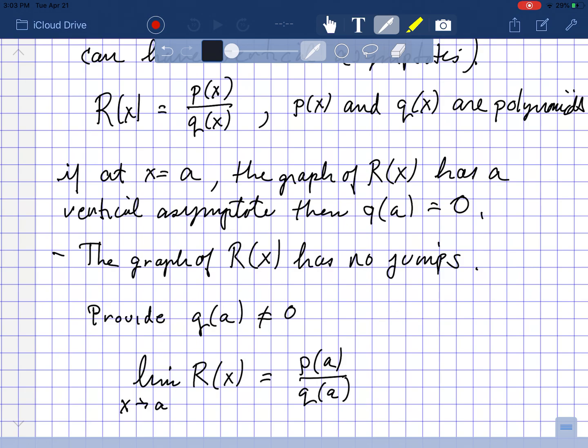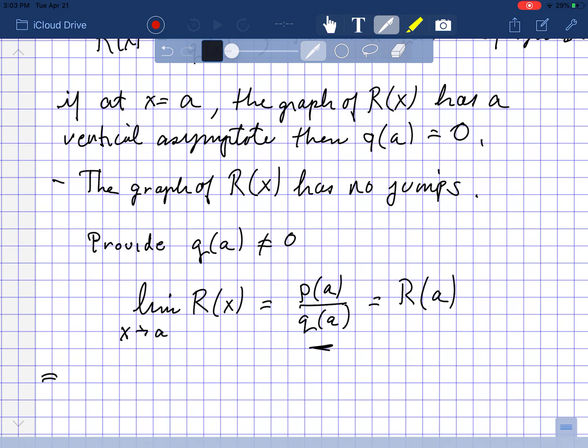So at all the values of x for which the polynomial in the denominator is not 0, we can easily evaluate the limit as x approaches a value a of r of x just by evaluating the rational function at a. Okay?